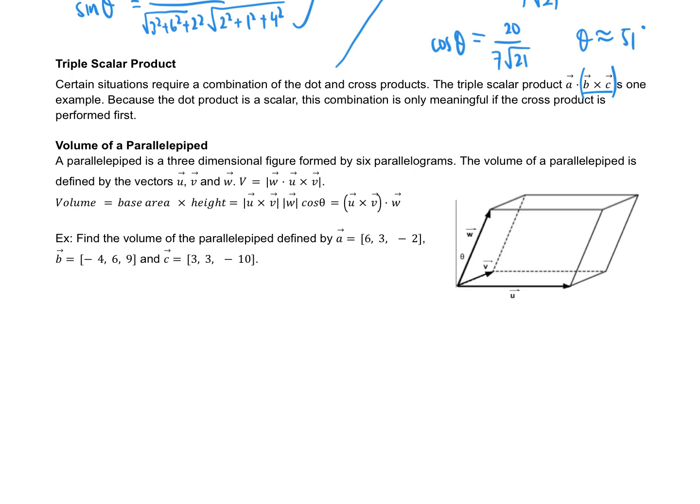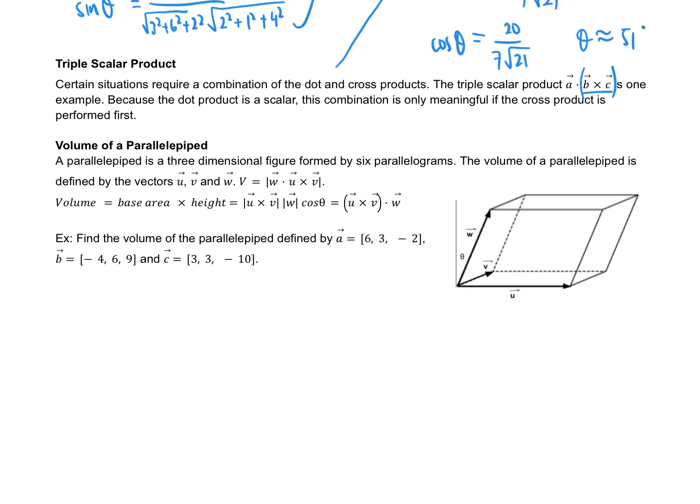Now, one application of the triple scalar product is the volume of a parallelepiped, and that is a 3-dimensional shape that is created by 6 parallelograms. So, what is the volume?